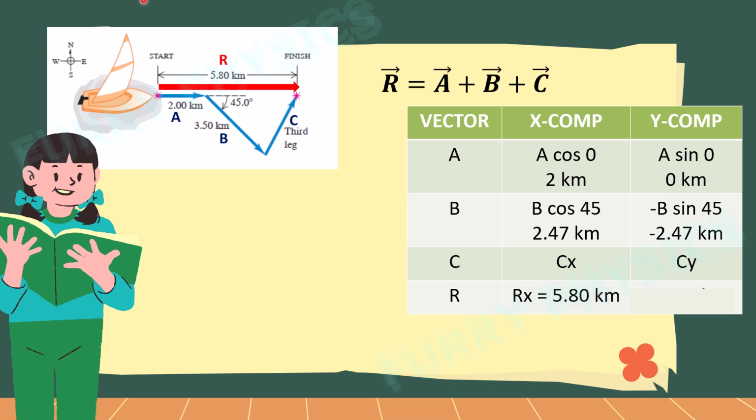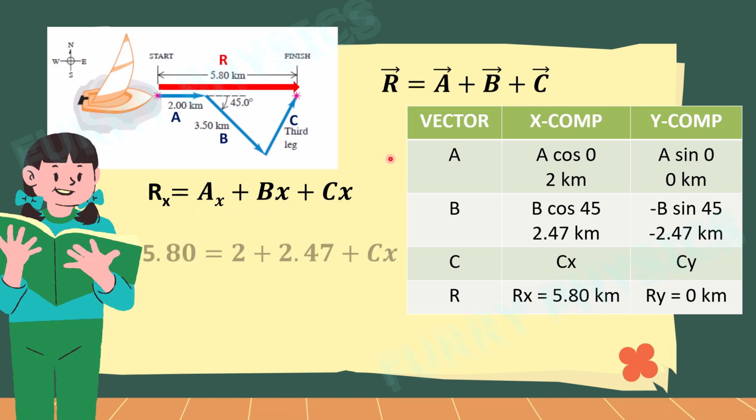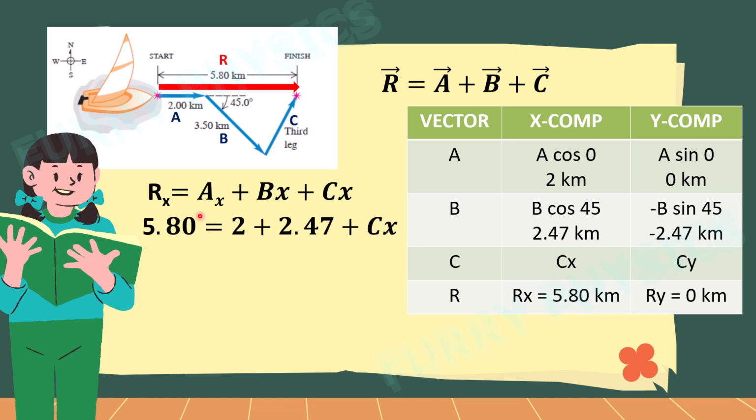Hence, Rx is positive 5.8 kilometers, and the y component is 0. So we write the component method equation. Rx is Ax plus Bx plus Cx, and that is equal to Rx is 5.8, Ax is 2, Bx is 2.47, and Cx is unknown.